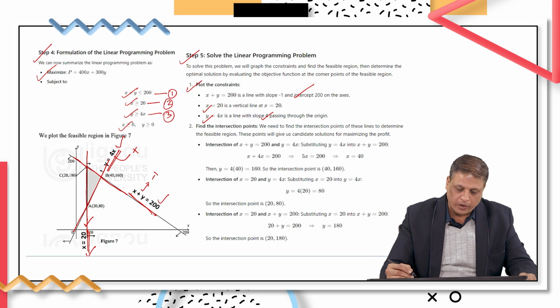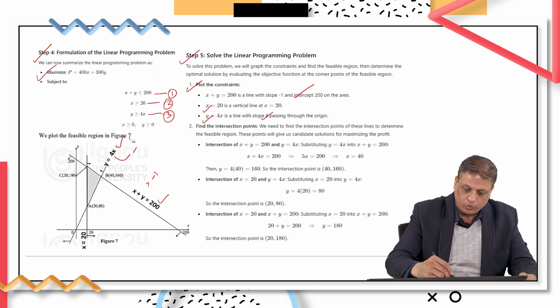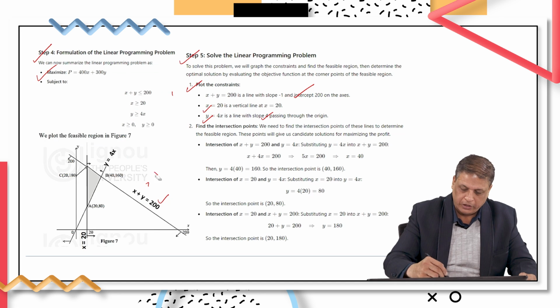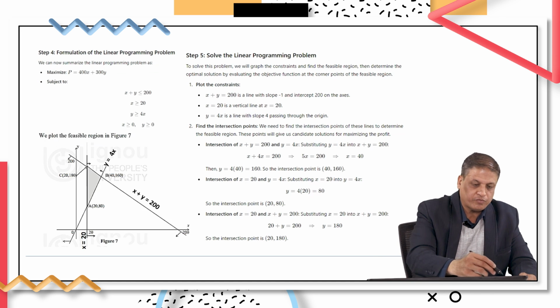Now, looking at the inequalities, y is greater than or equal to 4x and x is greater than or equal to 20 and so on, we need to find the feasible region.